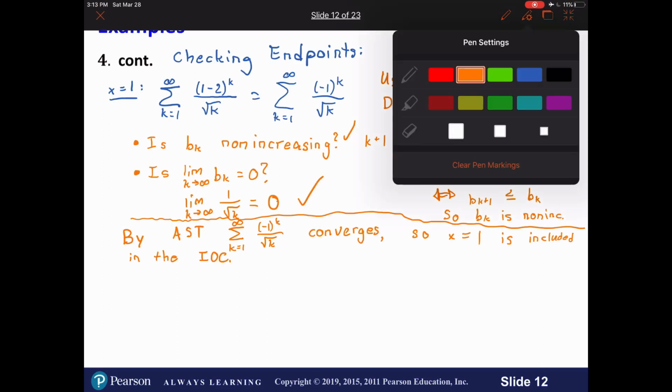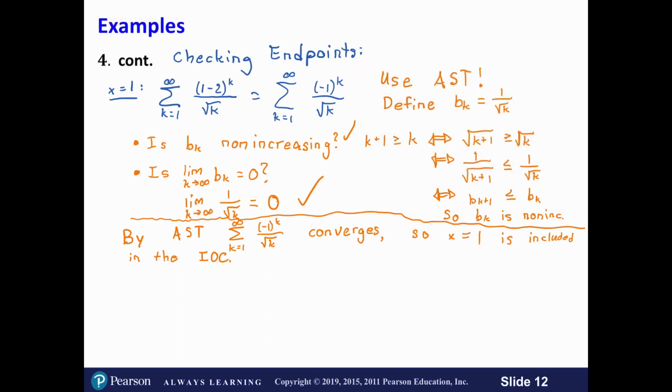Okay, kind of running a little bit low on space, but hopefully we can get the second one pretty quickly. All right, so the next one, we have to test what happens at x equals 3.